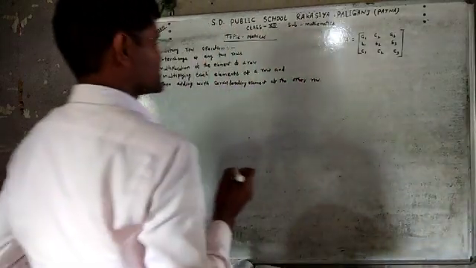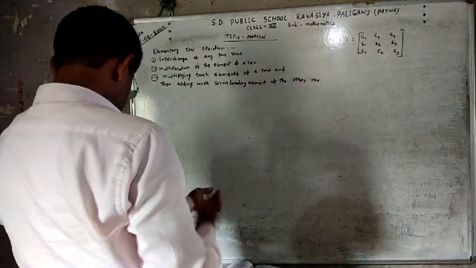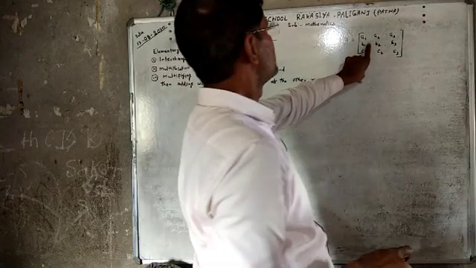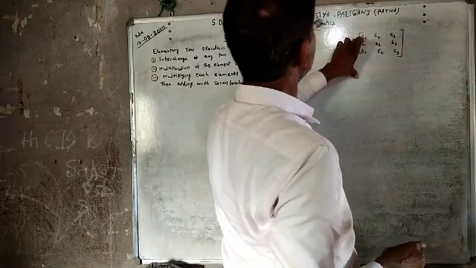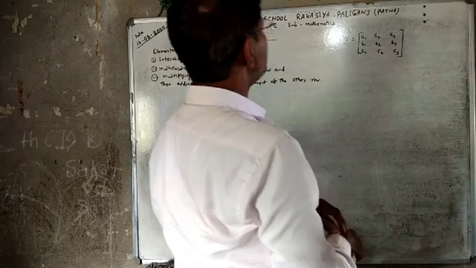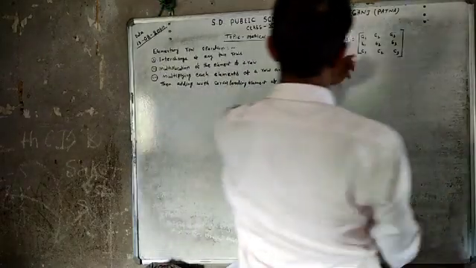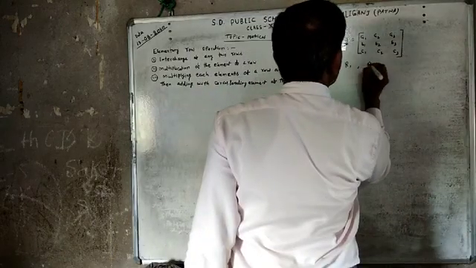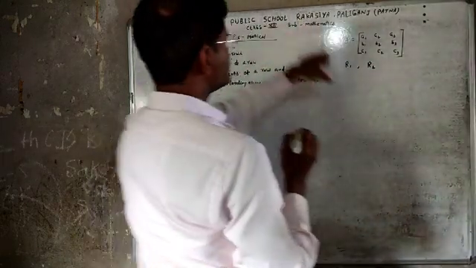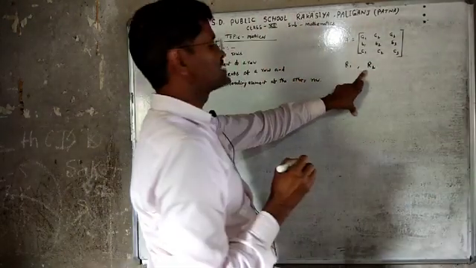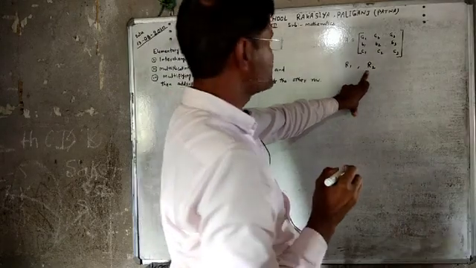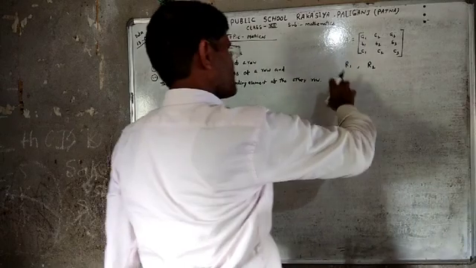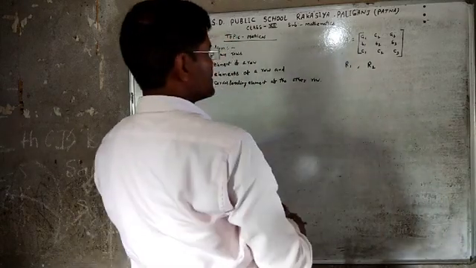We want to interchange the first row and the second row. We represent the first row as R1 and the second row as R2. Then we can interchange the first row and second row.